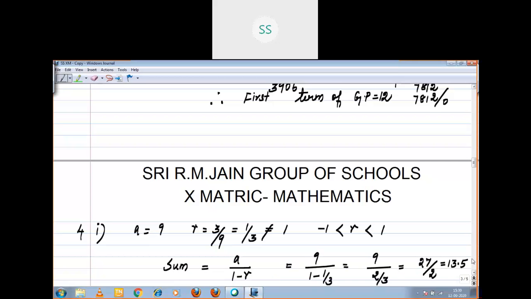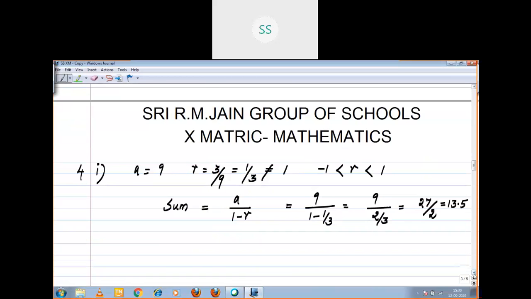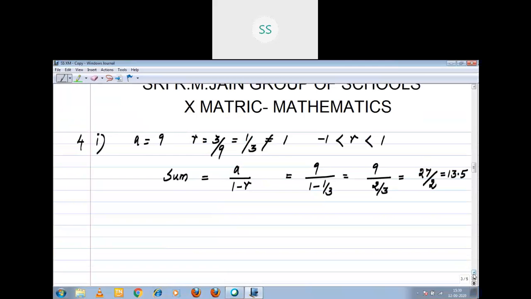Sum to infinity means a by 1 minus r, which is equal to 9 divided by 1 minus 1 by 3, which is equal to 9 divided by 2 by 3, which is equal to 27 by 2, equal to 13.5.